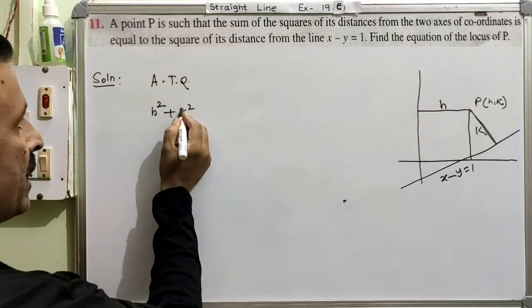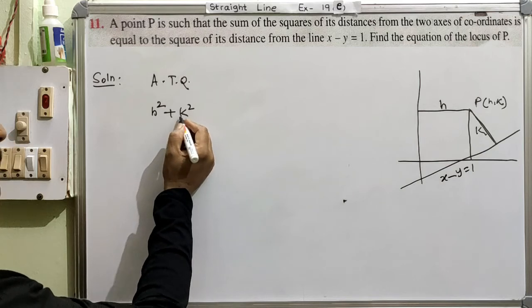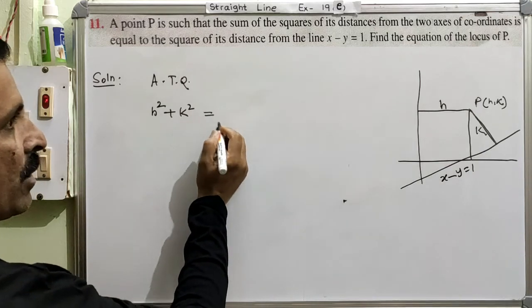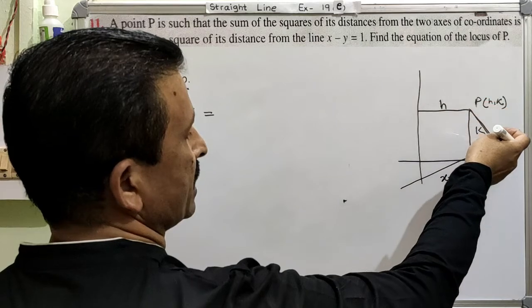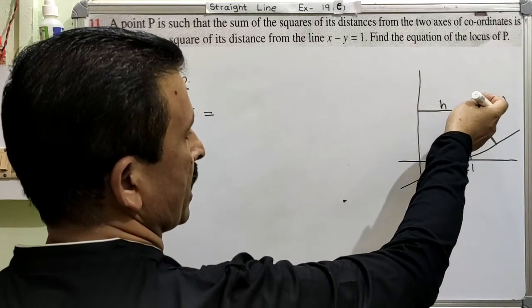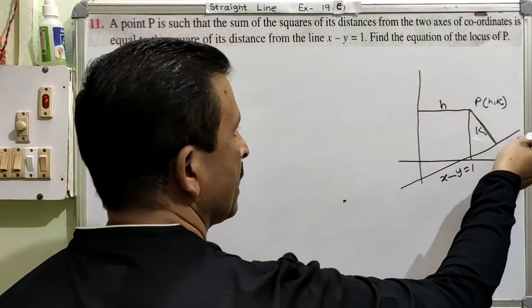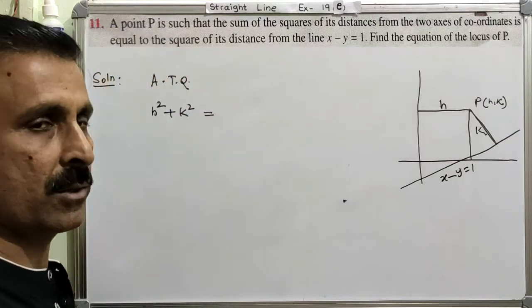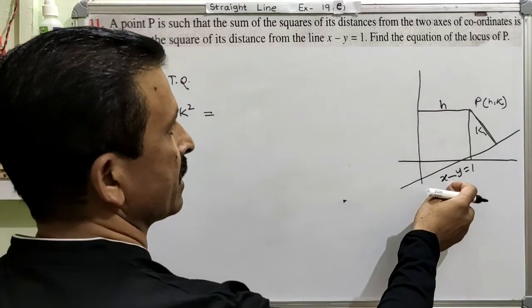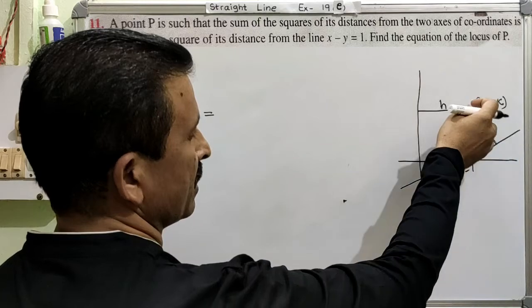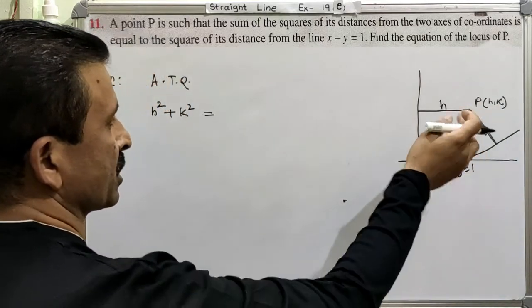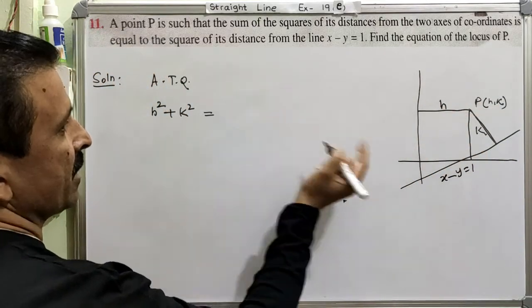So the sum of the square of the distances of P from the x and y-axis is equal to the square of the distance from the line x minus y is equal to 1. So now we will find out the square of this distance.